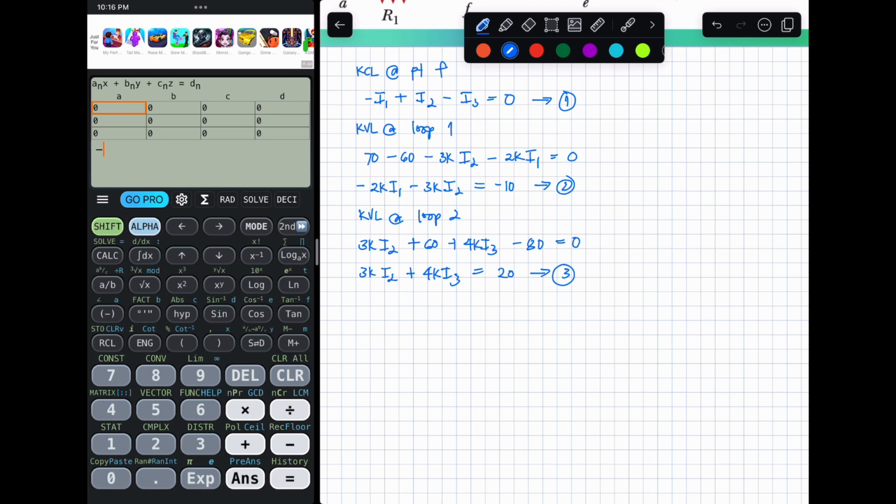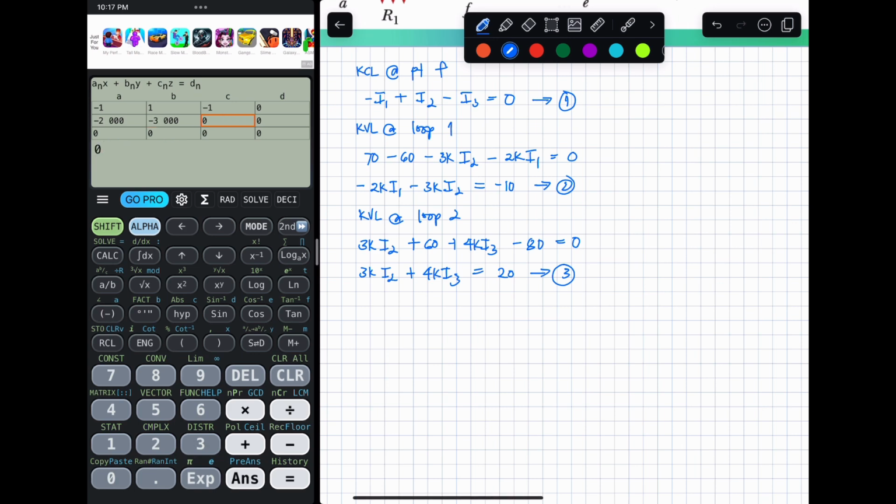And then we just encode. Negative 1 for I1, using equation number 1, positive I2 and then negative I3. So we have 0 for the voltage there, or 0 for D. Then we have I1, so negative 2K is negative 2000 I1, and then negative 3K for I2, so negative 3000.